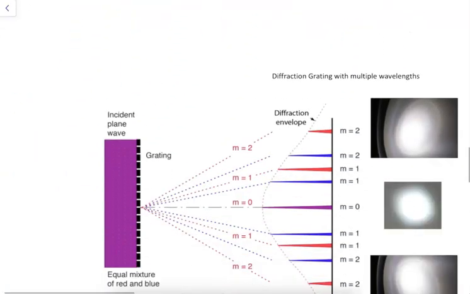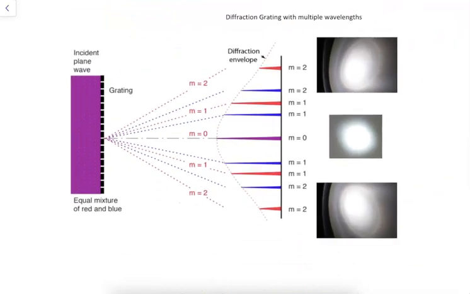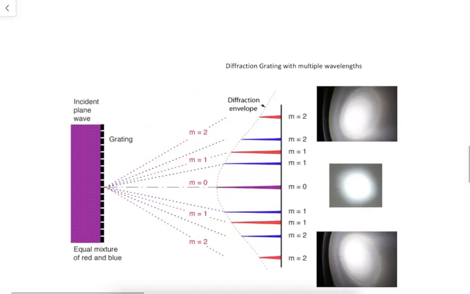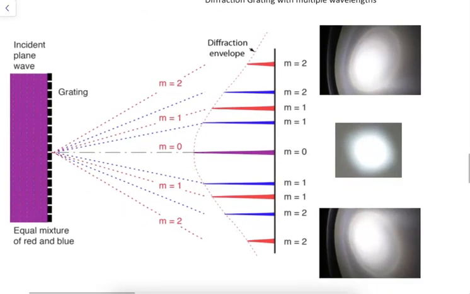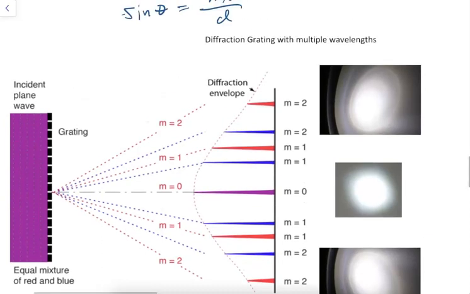Okay, now let's see how that helps us look at different wavelengths passing through a diffraction grating. In this situation, we have an incident plane wave made up of red and blue light, having different wavelengths. Since we know that the sine of theta, and therefore theta, depends on the wavelength of light, we are going to see that red and blue don't hit at the same point because the angle is different.